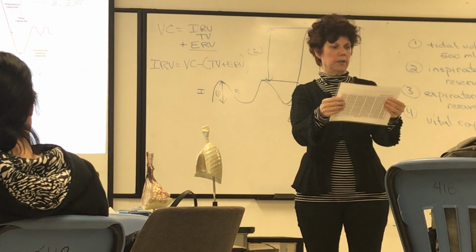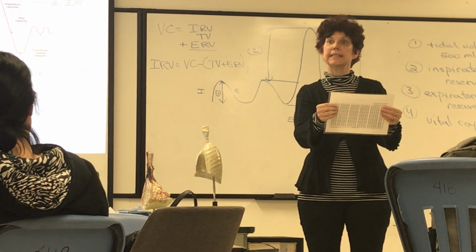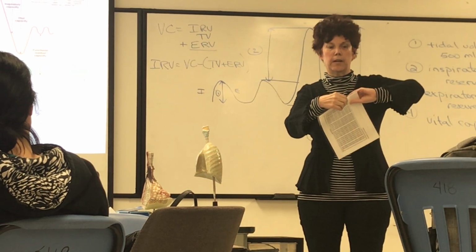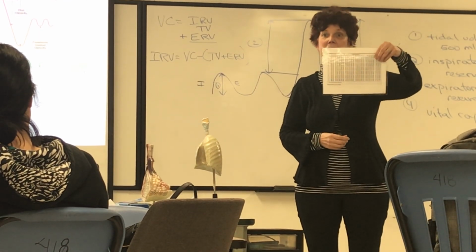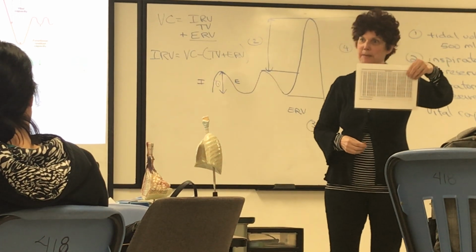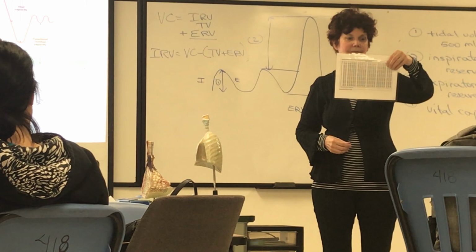So nobody older than 26 at 6'4" has a vital capacity that's supposed to be 4,800 or higher. And yet, for as long as I've been teaching, since 1981, that's been the published vital capacity average for the population.